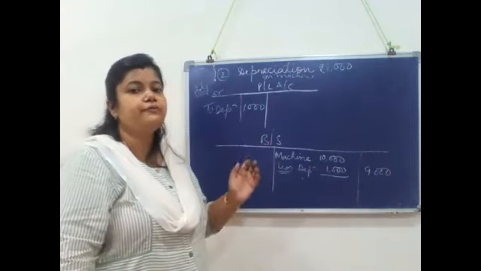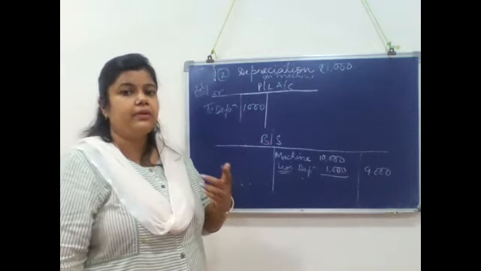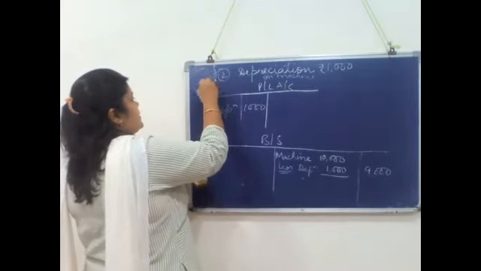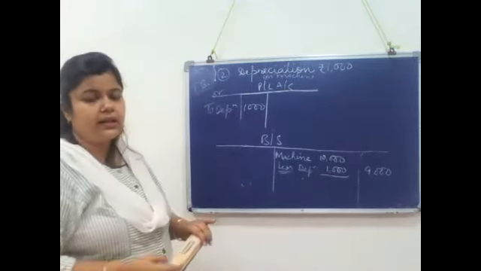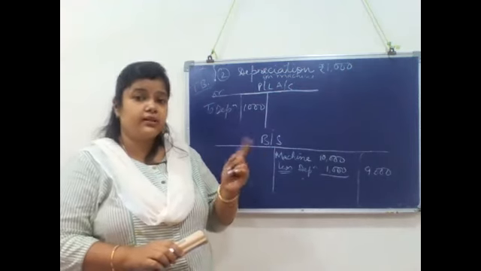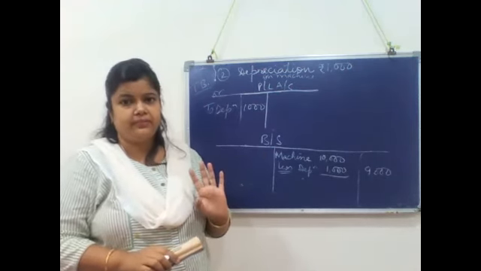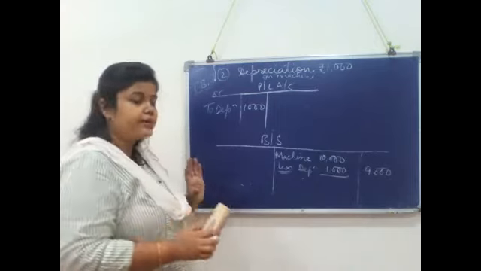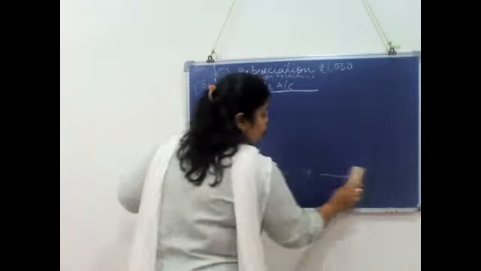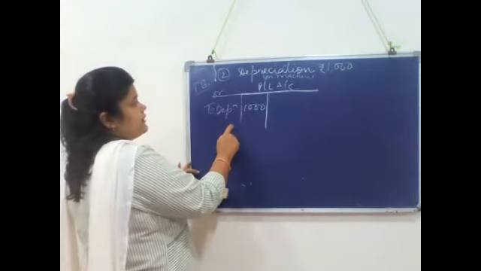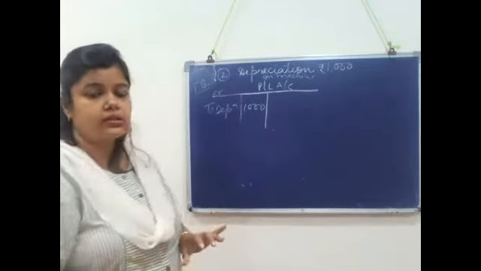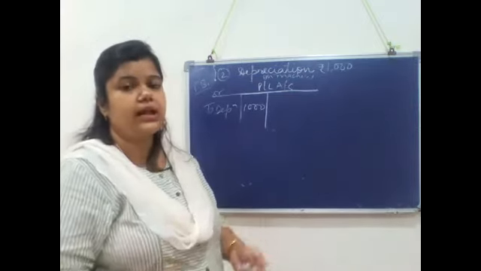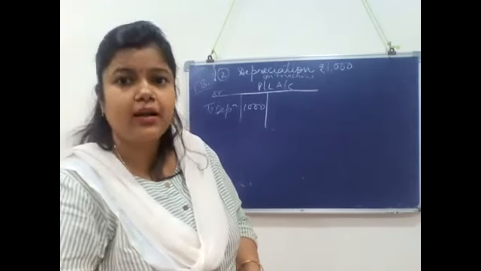Then we cannot show two effects; there will be only one effect. If it appears in trial balance, that means the amount of depreciation is already deducted from the asset, which also appears in trial balance. That means no need to show this effect. You will only have to show it on the debit side of profit and loss account, to treat it as an item of expense in the current year.